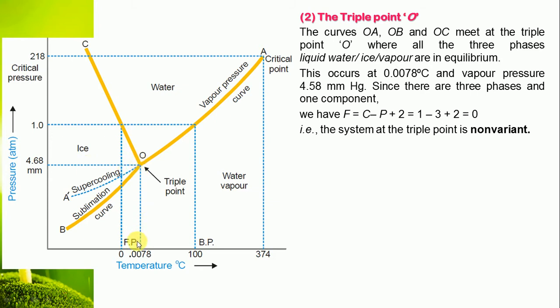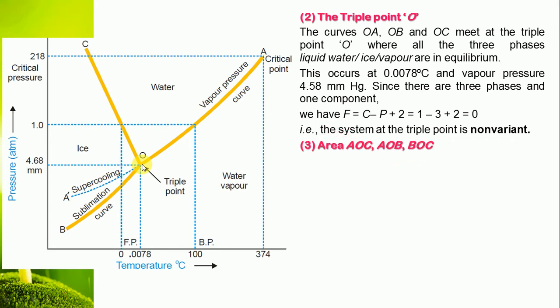You have to maintain 0.0078 degrees Celsius temperature, and you have to maintain 4.58 millimeters of mercury pressure, so that the three phases can coexist in dynamic equilibrium at this point. You have no choice to change either of these factors, temperature or pressure, unless the three phases will not be in dynamic equilibrium and cannot coexist at one point.